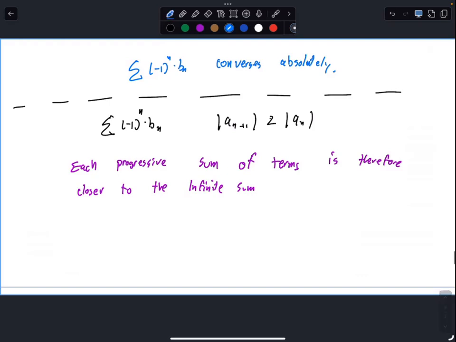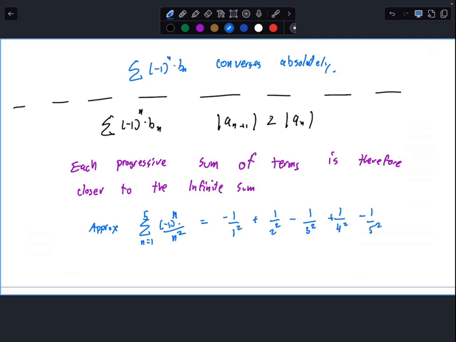So if I want to approximate the series from n equals 1 to 5 of (-1)^n b_n, or actually, let me give you an actual one, (-1)^n over n squared, then this would be -1 over 1 squared plus 1 over 2 squared minus 1 over 3 squared plus 1 over 4 squared minus 1 over 5 squared.